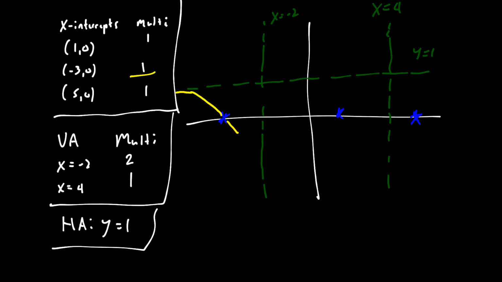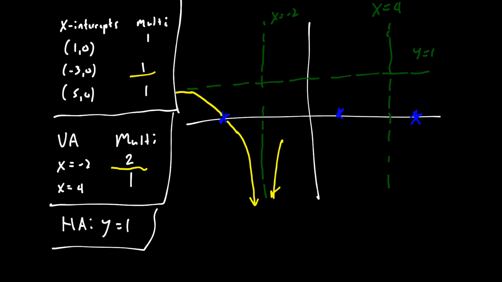It doesn't touch the x-axis between this x-intercept and our vertical asymptote x is equal to -2, which means that it eventually has to go down to negative infinity. Now, this vertical asymptote has even multiplicity, which means that both sides of this graph are going in the same direction. So the right-hand side is also going to negative infinity.